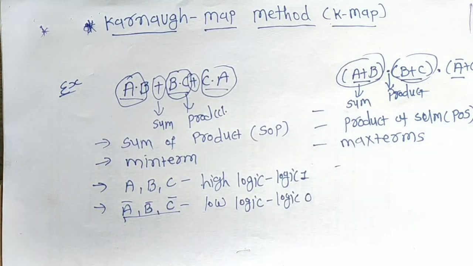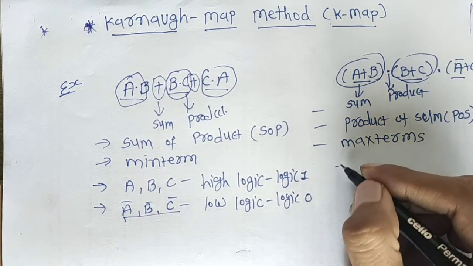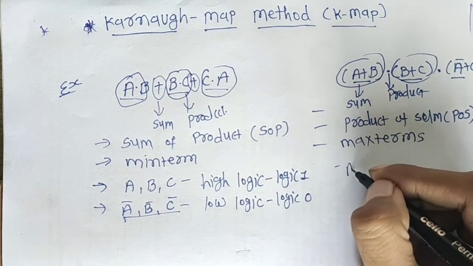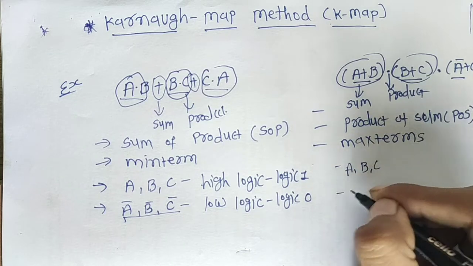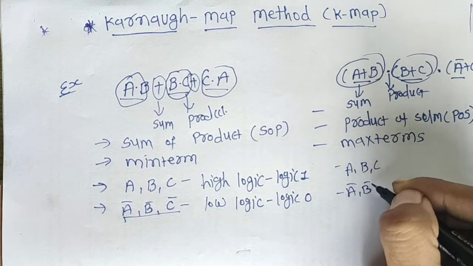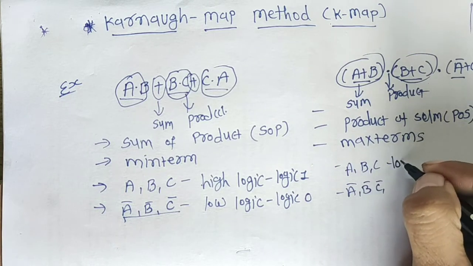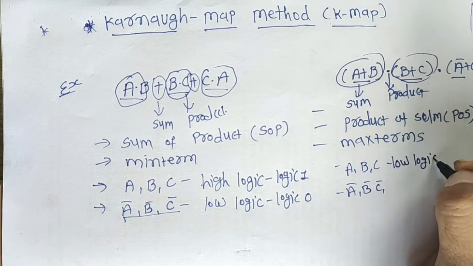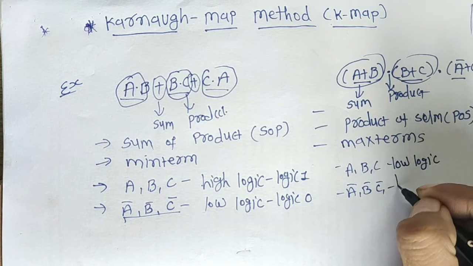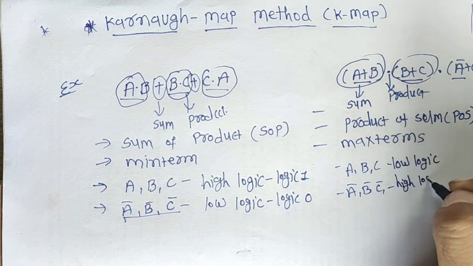Here it is exactly the reverse of the SOP form. In the POS form we also represent the variable either as a, b, c, or as a bar, b bar, c bar. Here a, b, c is represented as a low logic, and the complement is represented as a high logic.